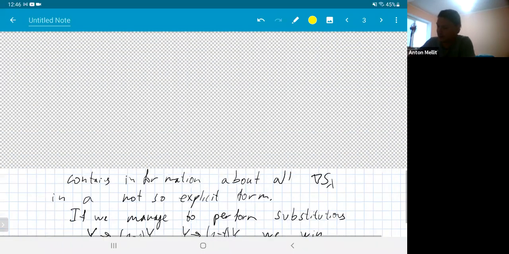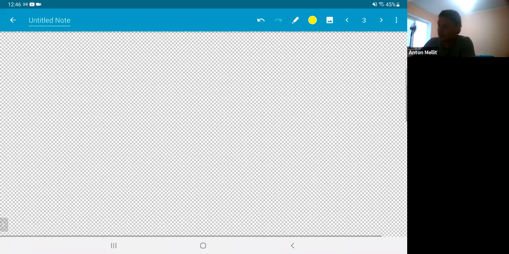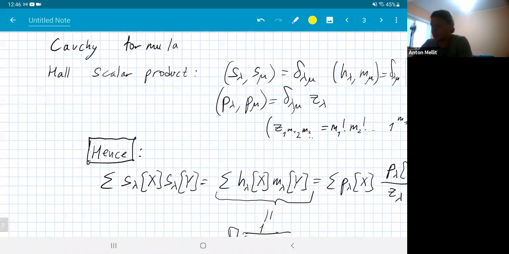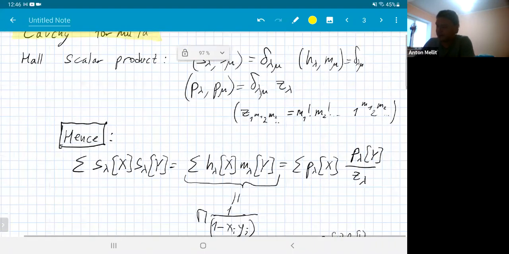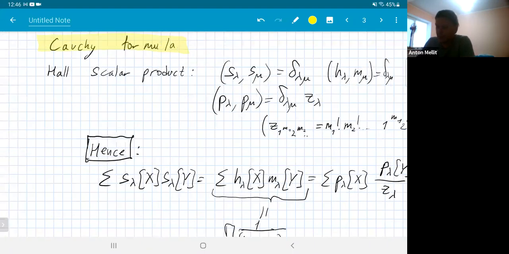We want to compute Nabla as an operator, not as individual evaluations of Nabla on some particular functions. So how do we understand what it means to compute some operator? I need to recall the Cauchy formulas, the idea of Cauchy formulas. So for that, I need to remember the Hall scalar product.